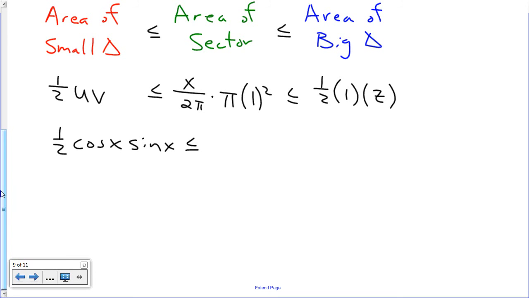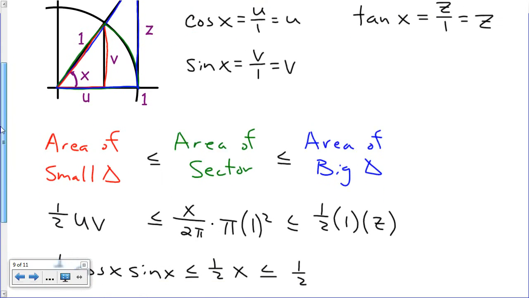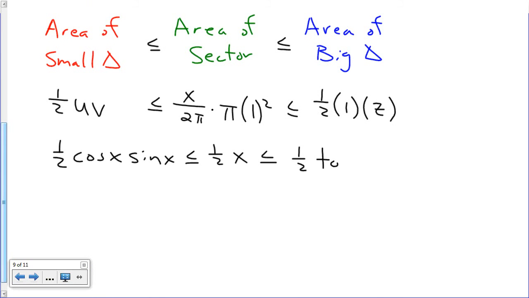I can see that the pi's will cancel out, and you have then 1/2 x times 1 squared, that's just 1/2 x. And that's less than or equal to, on the right there, we have the 1/2, the one I won't worry about writing down, but the z, remember we found out that z was equal to the tangent of x from our big triangle. So that's the tangent of x.